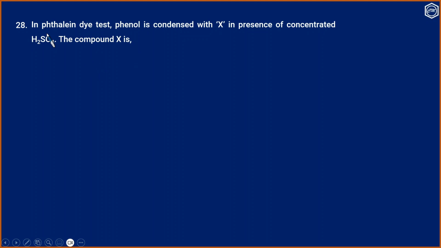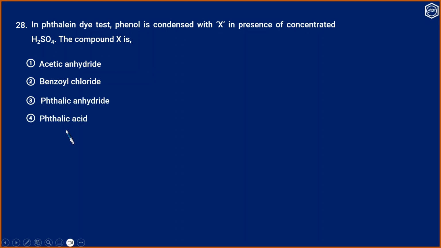Question 28. In phthalein dye test, phenol is condensed with X in presence of concentrated sulfuric acid. The compound X is: option 1 acetic anhydride, option 2 benzoyl chloride, option 3 phthalic anhydride, option 4 phthalic acid.